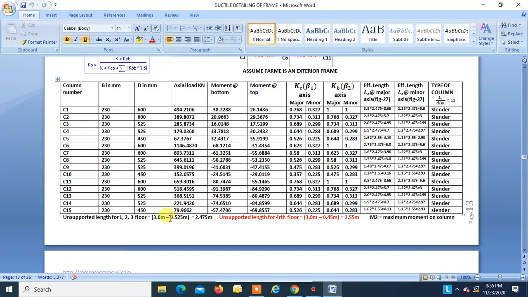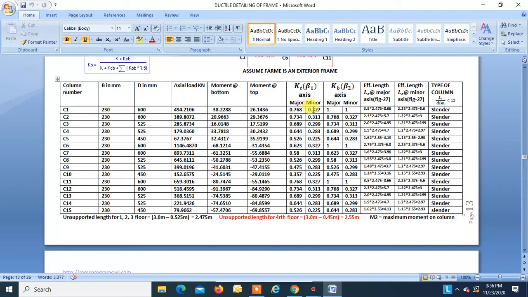Our beams are all 525 mm in depth. So 3 meters minus 0.525 meters is equal to 2.475 meters. So coordinate into the unsupported length gives us the effective length, that is 8.66. This is the effective length about the major axis, right?